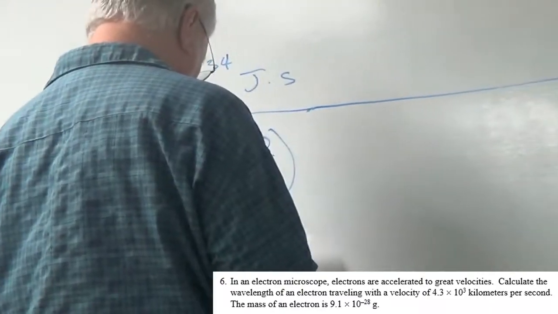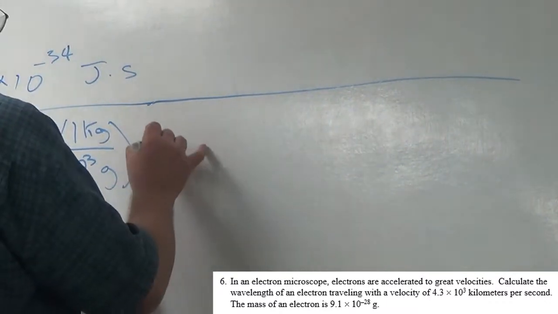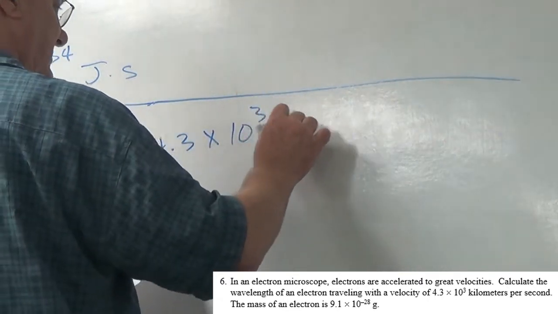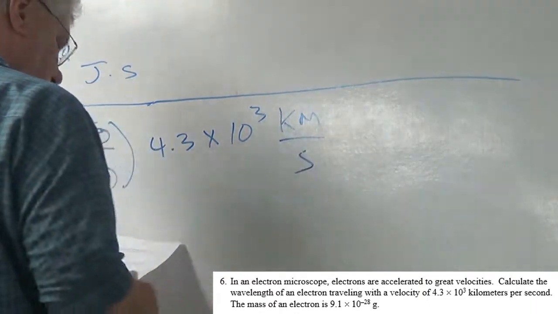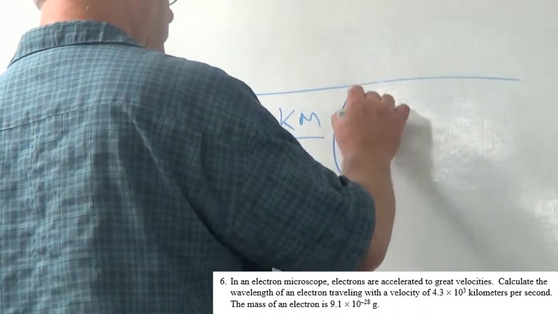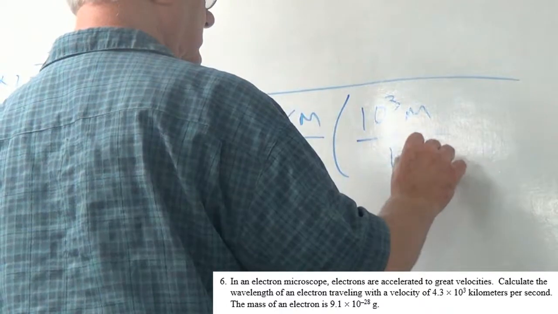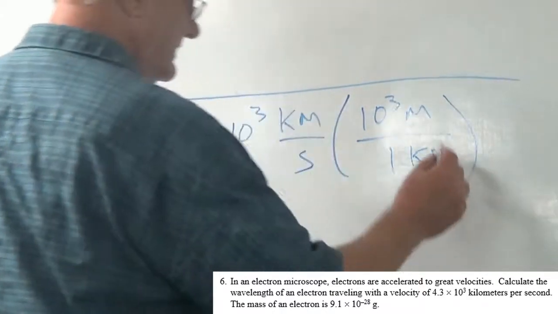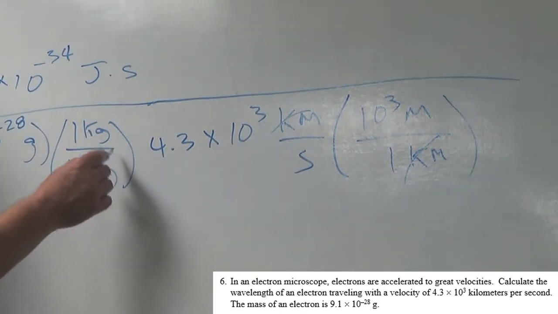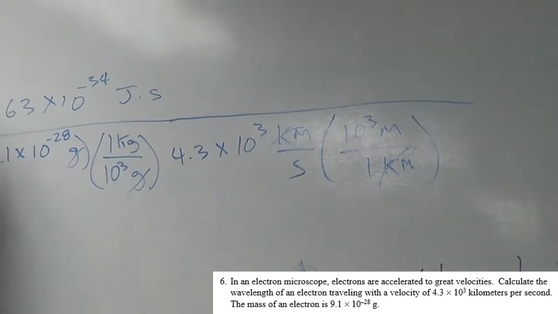Times the velocity is 4.3 times 10 to the third kilometers per second, but we want it to be in meters per second, so there's 10 to the third meters over 1 kilometer. This converts the kilometers to meters. This converts the grams to kilograms. And now it's set up.